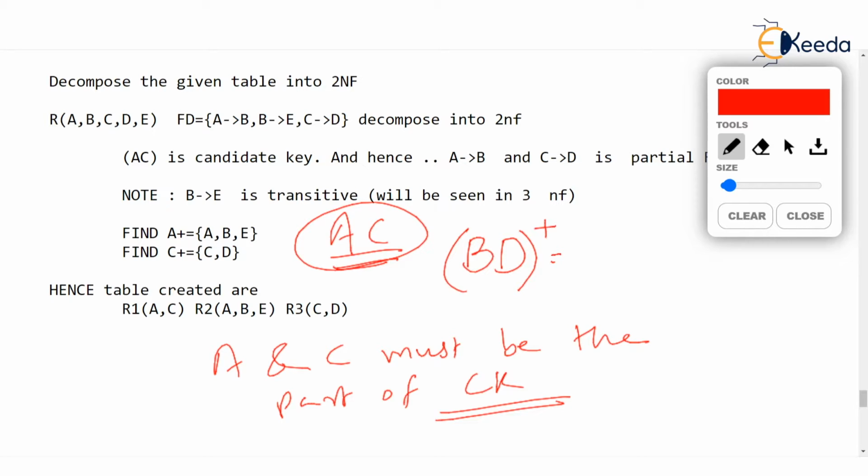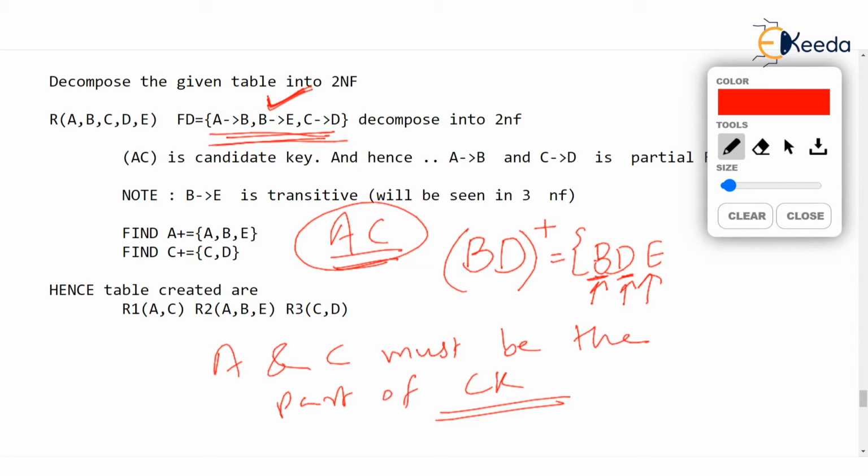Now, due to this B, and due to the FD that I am ticking on the top, B determines E, E comes in the closure. And now notice D does not determine anything out of the given FDs, and E does not determine anything out of the given FDs. So BD plus is going to contain BDE.